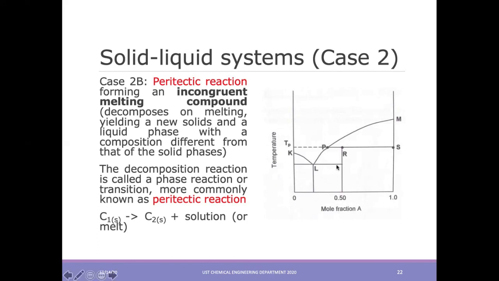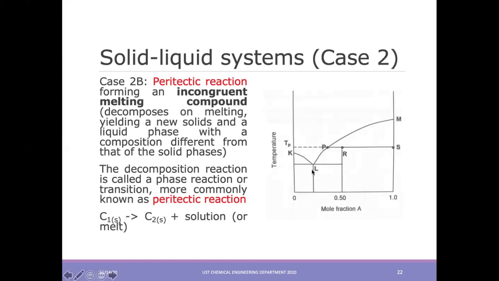Thus the degree of freedom is equal to 0. The non-congruent melting compound can exist as a solid only below the peritectic temperature. Above this temperature, the solid phase will consist of the decomposition product of the peritectic reaction.